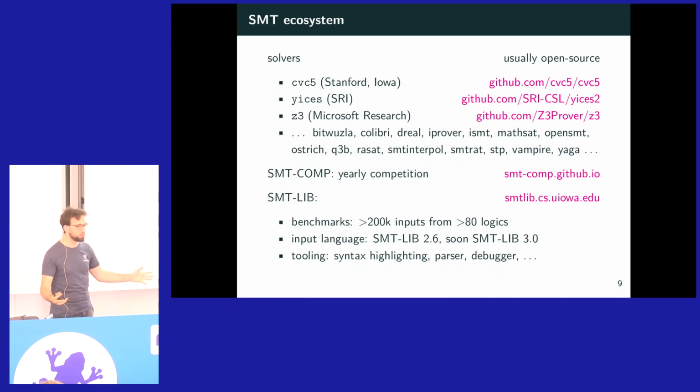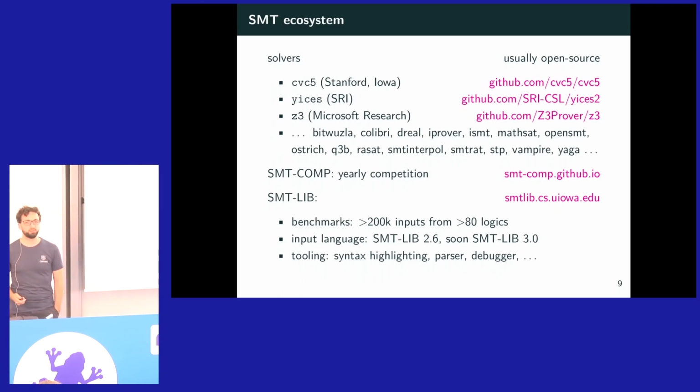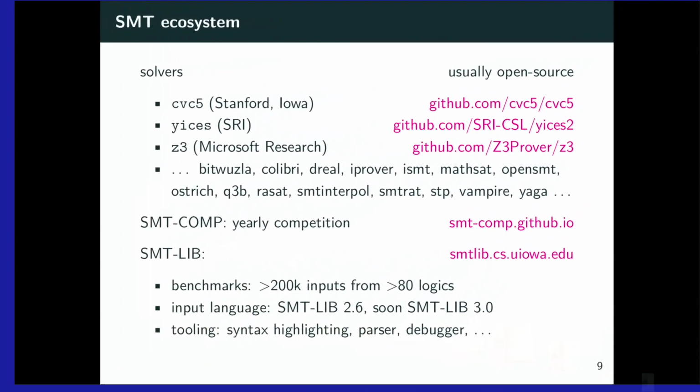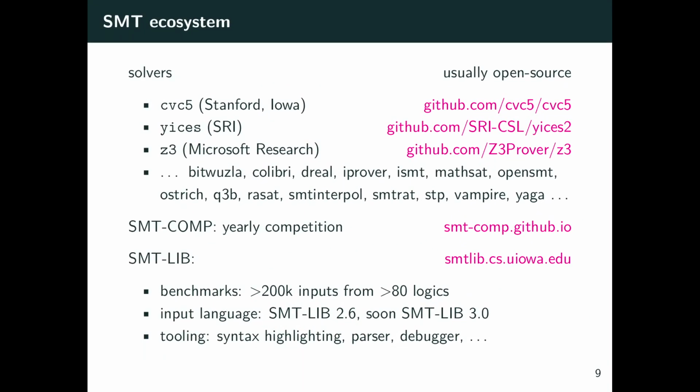But most of them are research projects, and if the professor retires or whatever, sometimes these become unsupported. Almost all of them are open source projects. So if you have an application and it doesn't perform well for you, go to the issue tracker, file an issue, and say, hey, Nikolaj, who is the main developer of these three, here's an example, and your solver is really bad.